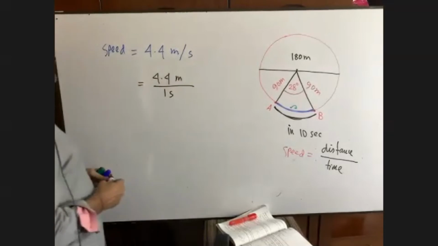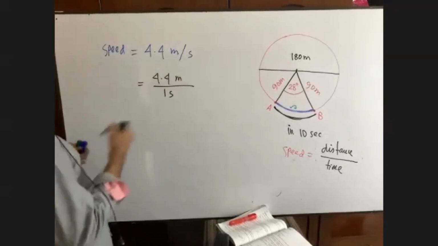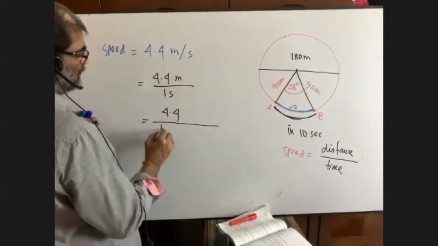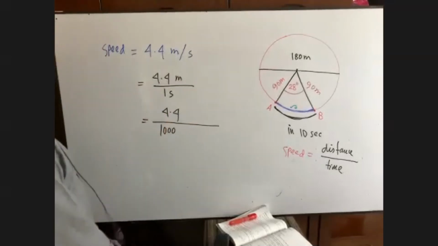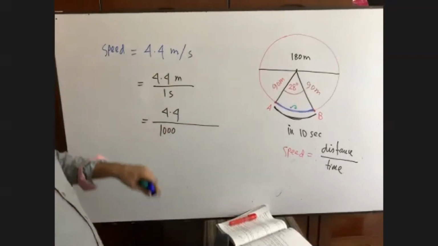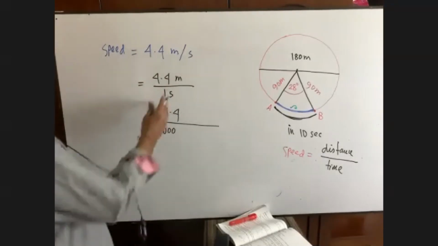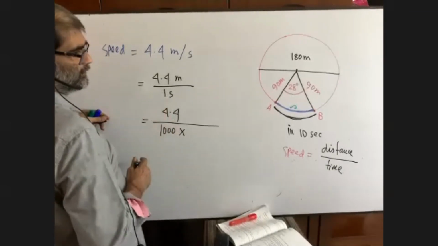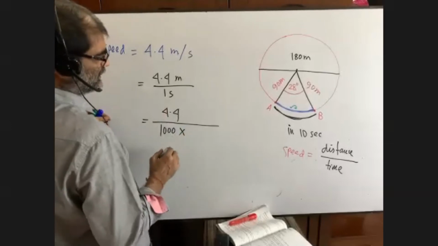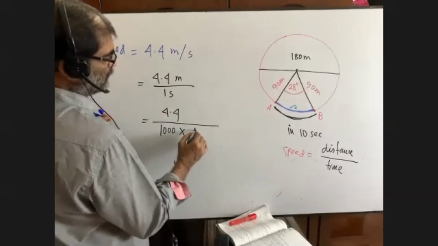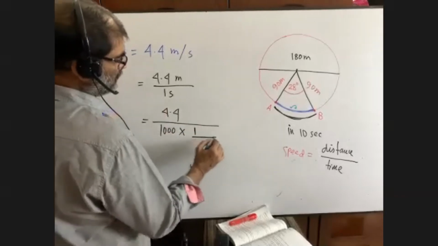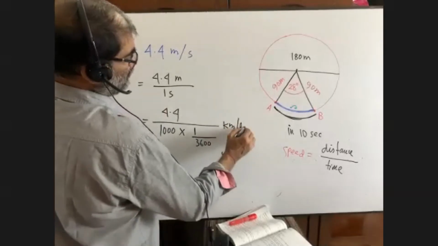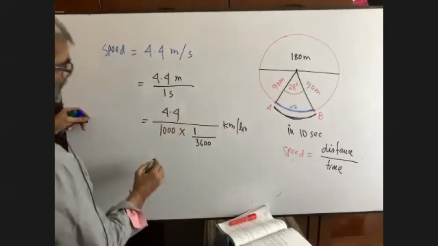So what is the way to convert meter into kilometer? We normally divide by 1000. Meter by 1000 equals kilometer. Now it is 1 second, and this 1 second will be divided by 3600 second, so this 3600 will be in the numerator.